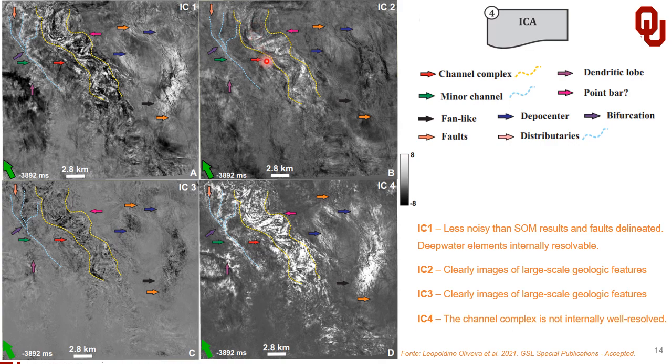Faults are also well imaged when compared to the SOM results. And as seen in ICA1, in ICA2 there is less noise than in the SOM. The third figure, for independent component 3, still exhibits the large-scale geological features such as the channel complex, depot centers, and smaller channels.